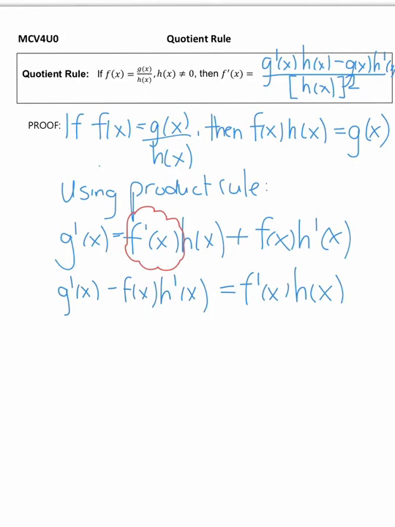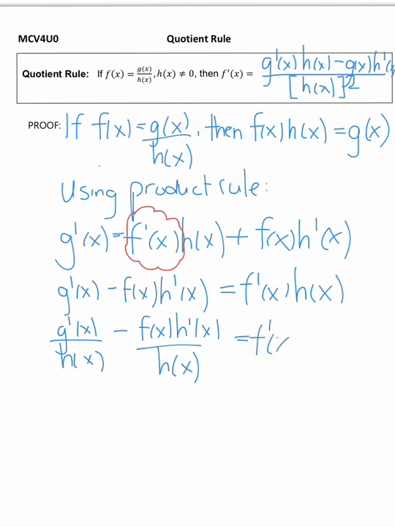And I'll take it one step further and divide by h of x on both sides. Then we have g prime of x over h of x minus f of x, h prime of x, all divided by h of x. Okay, so now we've isolated f prime of x as we wanted.